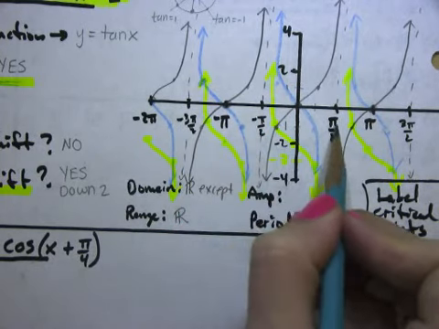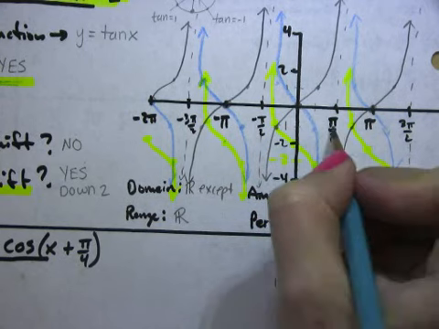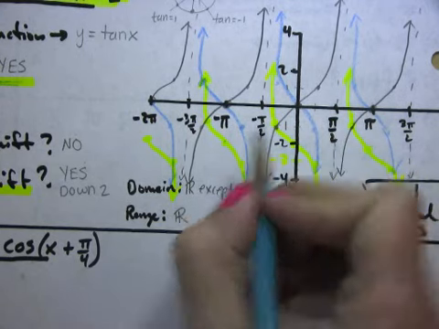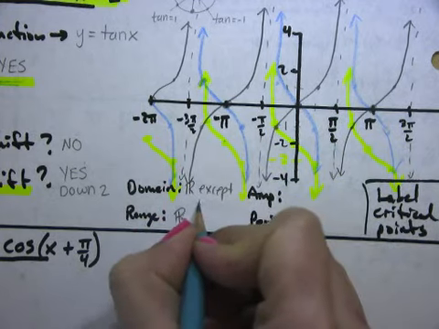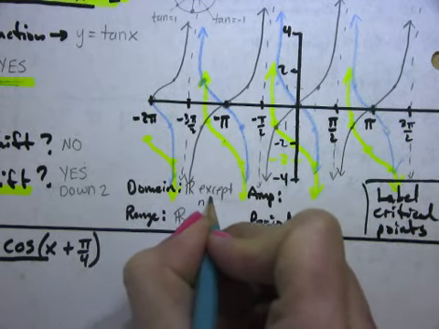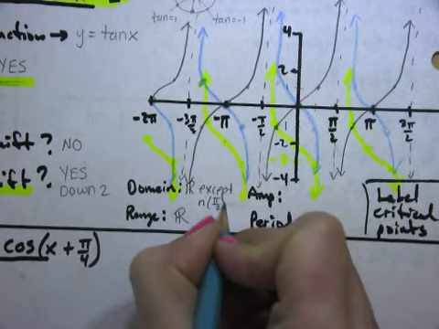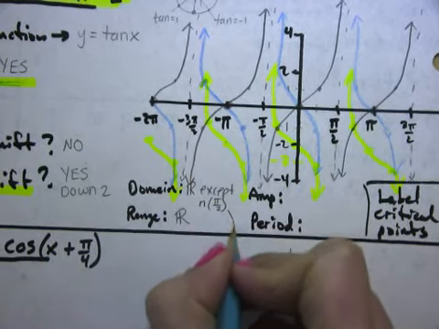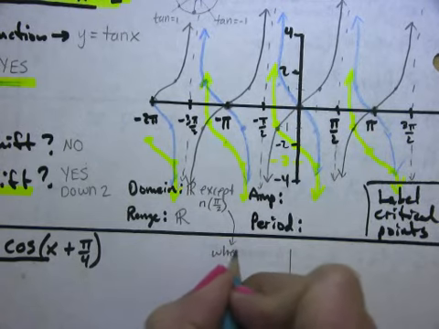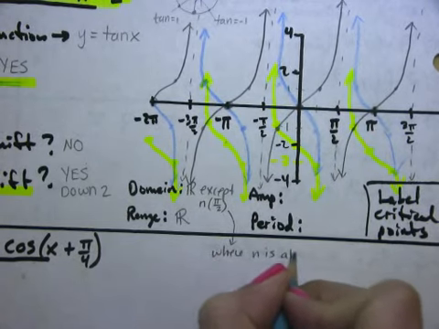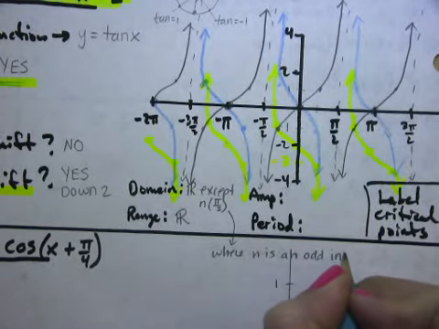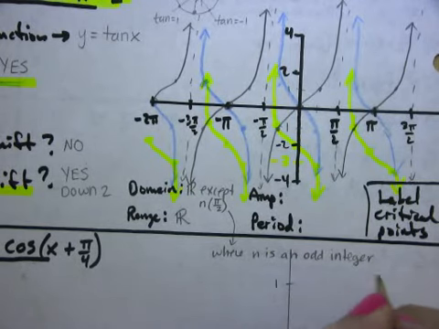Right now they're at all our odd multiples of pi over 2, so pi over 2, 3 pi over 2, negative pi over 2. So we said for every multiple we used n pi over 2. That basically means any multiple of pi over 2, where n is an odd integer. So 1, 3, 5, and so forth.